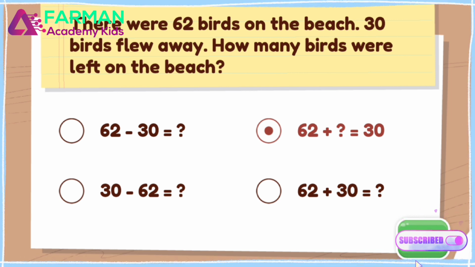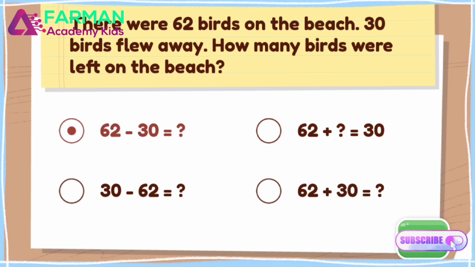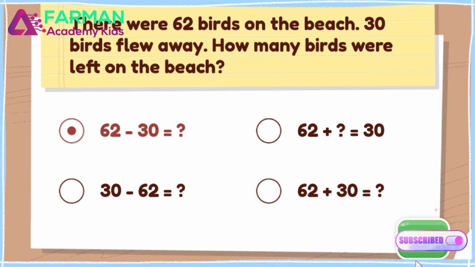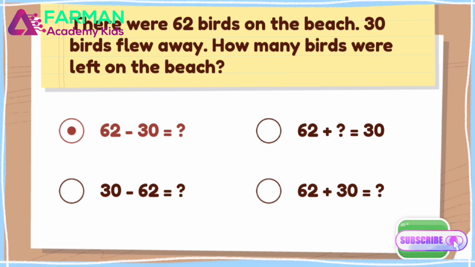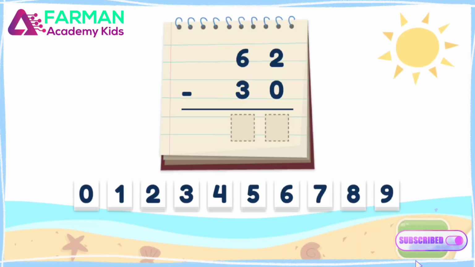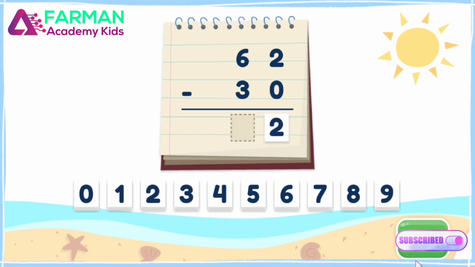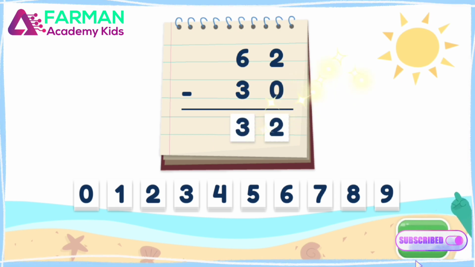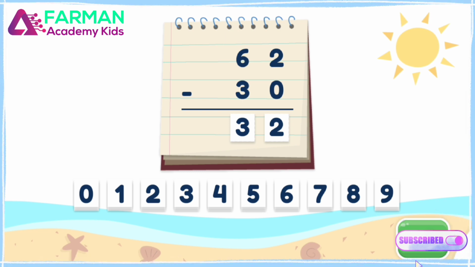Neat! This equation matches the word problem. Let's solve it. Drag the numbers to the dotted rectangles to solve the equation. Yay! You solved the equation by taking away from the tens place.